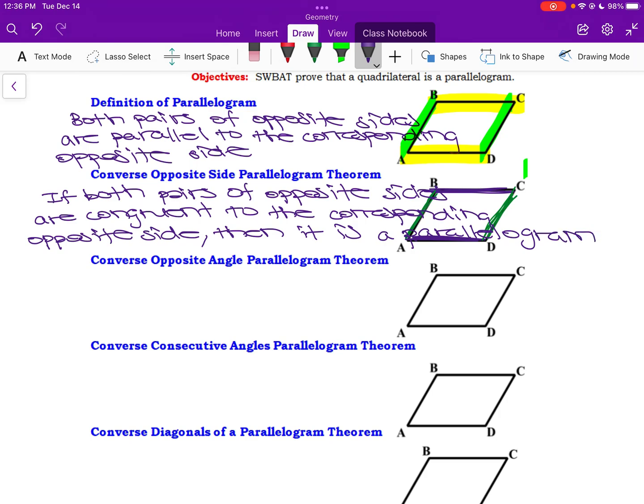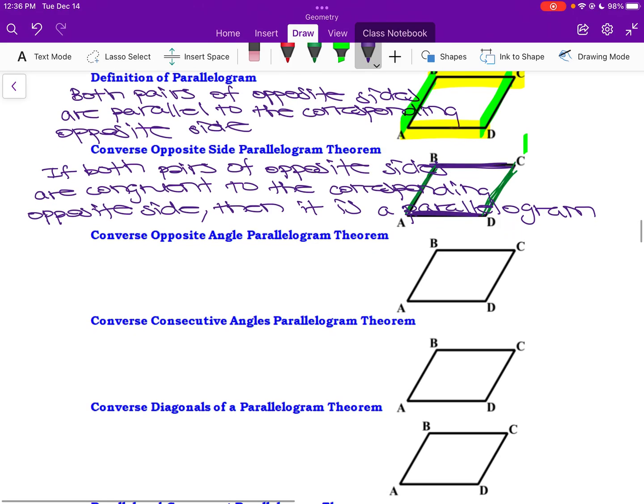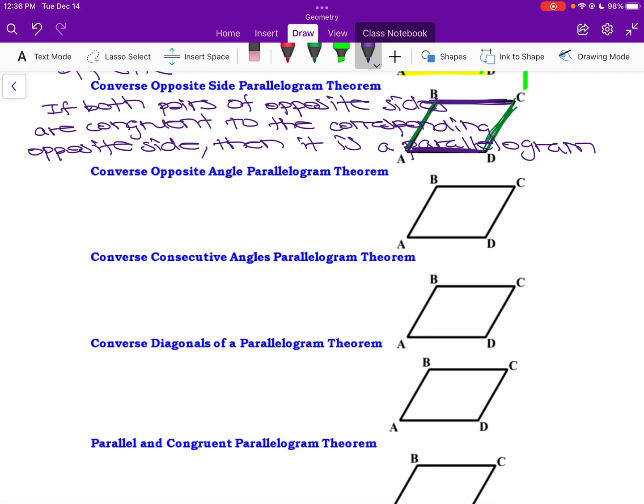Next we have a similar concept where we're inspecting the angles. The converse opposite angle parallelogram theorem states that if both pairs of opposite angles are congruent, so angles B and D are congruent, and angles A and C are congruent, then we know that it is a parallelogram.